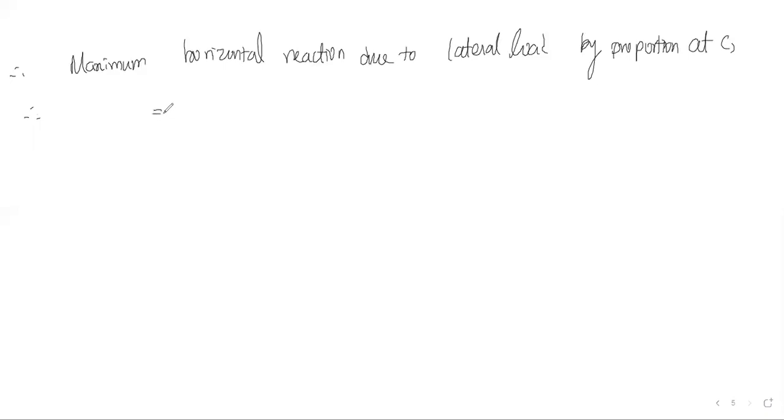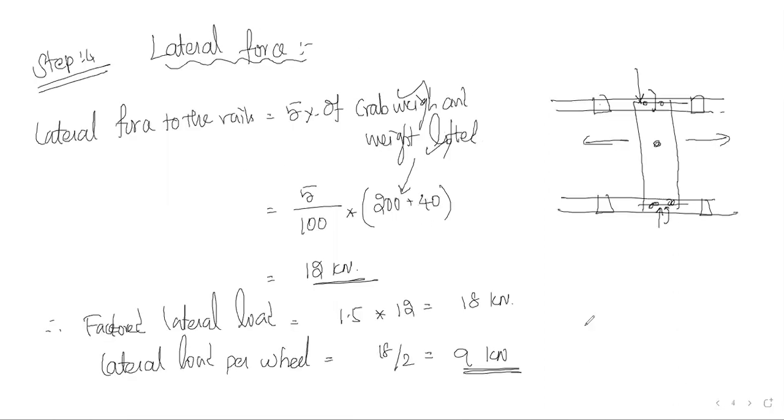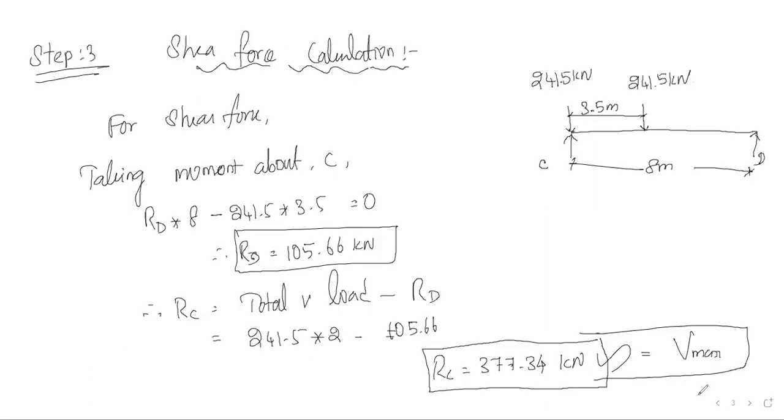Here we are going to consider lateral load, wheel load, and the maximum shear. All things together we are going to have this maximum reaction. So this is nothing but lateral load multiplied with reaction at C because of live load due to vertical load divided by wheel load. Here lateral load per wheel is 9 kilonewton and RC is 377.34.